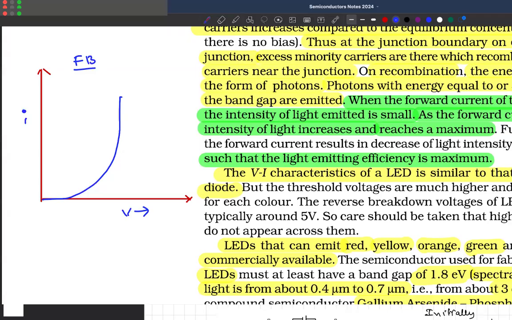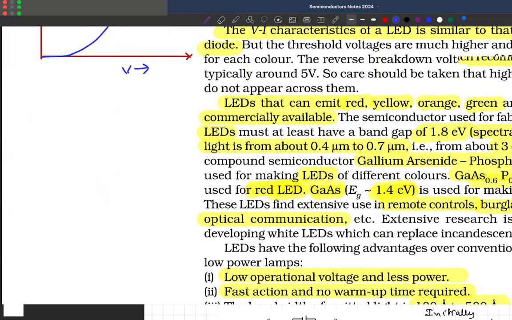So what is the additional information that you need to learn by heart, like in inorganic chemistry? See, the first point is you can have LEDs which can emit red, yellow, orange, green, and blue light. You know that, Diwali, you will use all that, right?